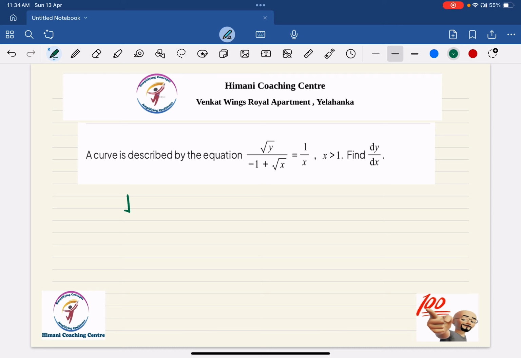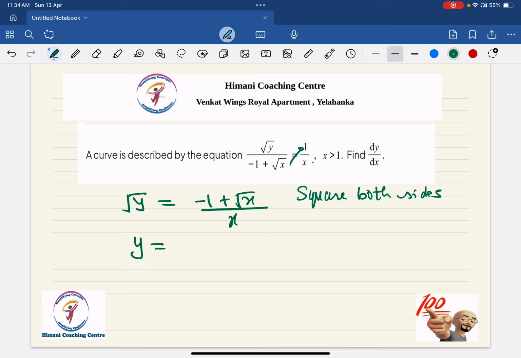So when I do that, I will get root y equals, now this will go up and get multiplied, so (minus 1 plus root x) over x. Now in order to get y, I will need to square both sides, because there is a root over y. So root y squared will simply become y.